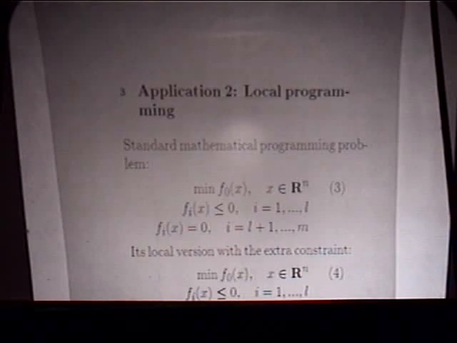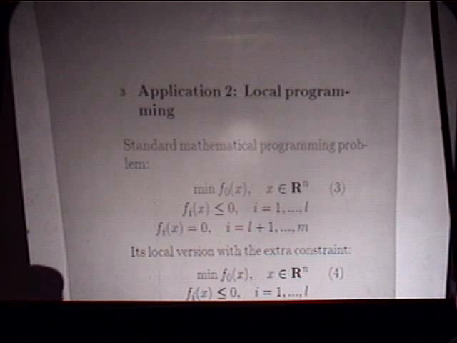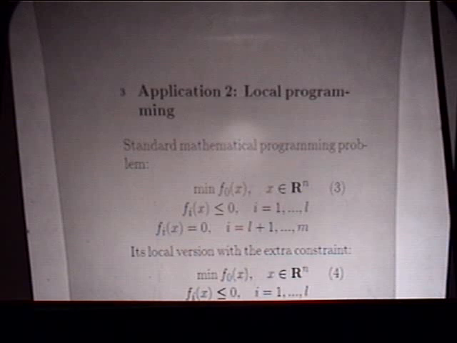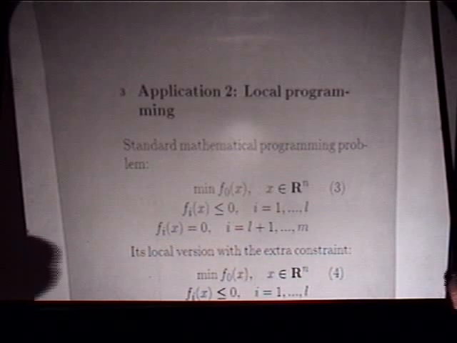It's well known that if the problem is convex, that is, the function f0 and functions fi for i from 1 to L are convex, and the functions which correspond to equality constraints are linear, then it's a convex optimization problem, and we have a very nice duality theory and so on. But now we don't assume convexity. All these functions are non-convex. The only assumption is that they are smooth enough.